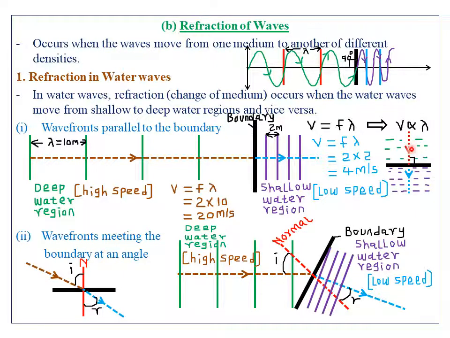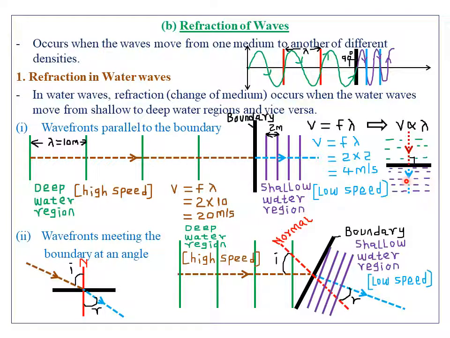Remember, if the incident ray is perpendicular to the boundary, it simply means that the incident ray is actually parallel to our normal. So when the incident ray is parallel to the normal, such a wave will continue in a straight line, or it will pass undeviated. Its direction of motion will not change.